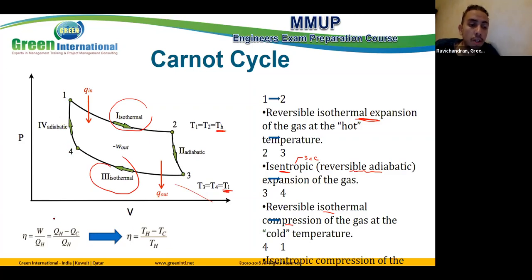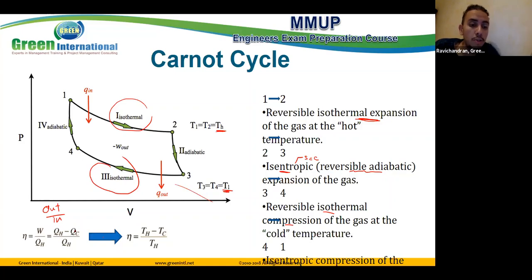The famous equation, after simplification, starts from the initial efficiency equation: efficiency equals work divided by Q heat, output by input. This is the general equation for efficiency, work by Q added. Especially for Carnot, we can substitute the heat and work by temperature.